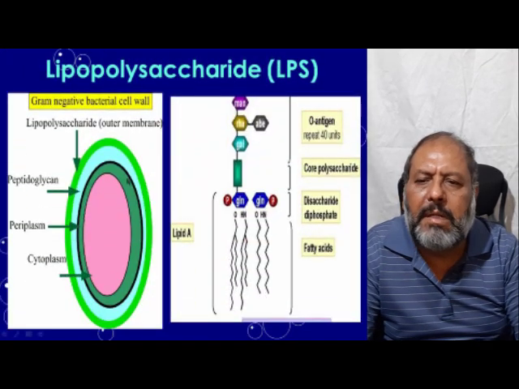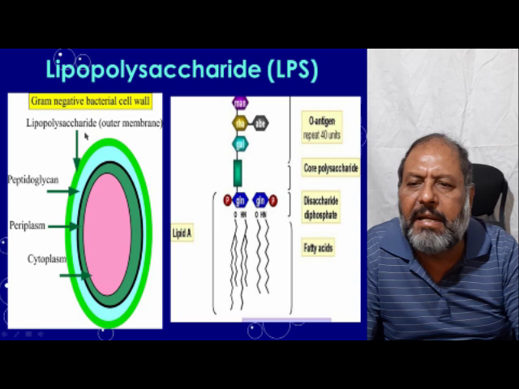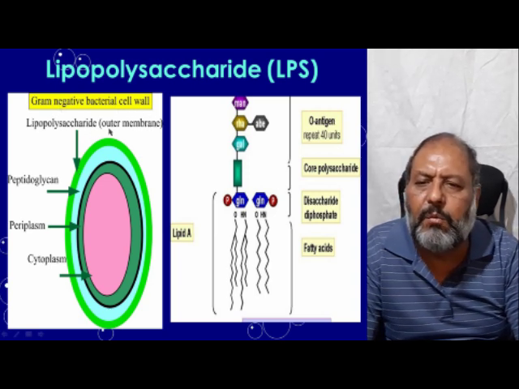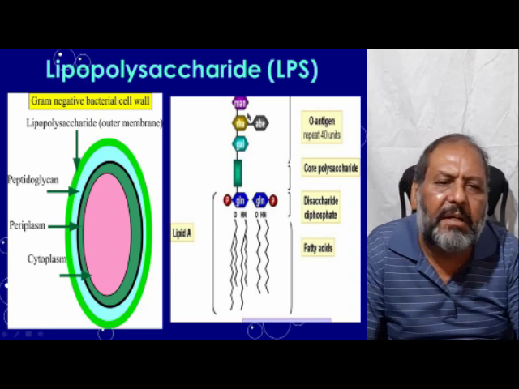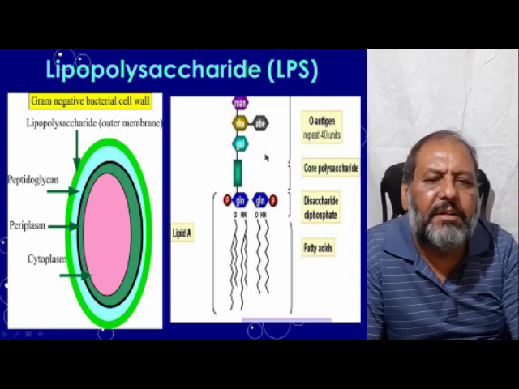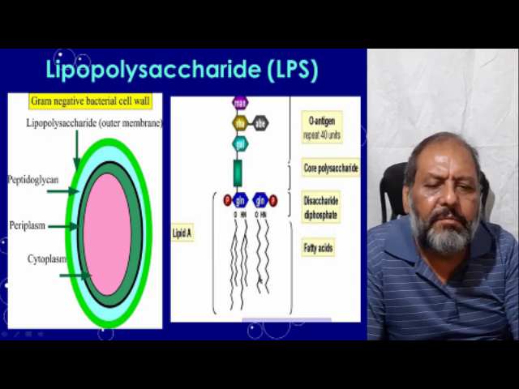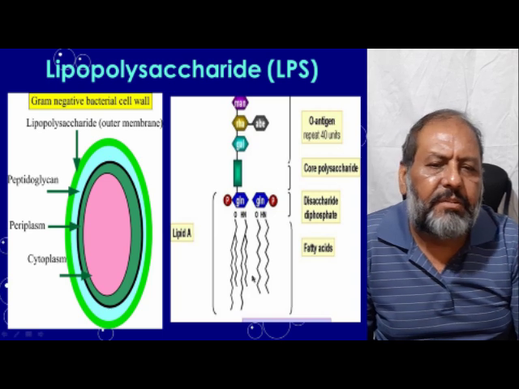Now, lipopolysaccharide, as one can see: the periplasm, cytoplasm, and here outside is the gram-negative bacterial cell wall, the outer membrane, which contains lipopolysaccharide, and here is the detailed structure. This is the lipid A, lying towards the inside of the cell.